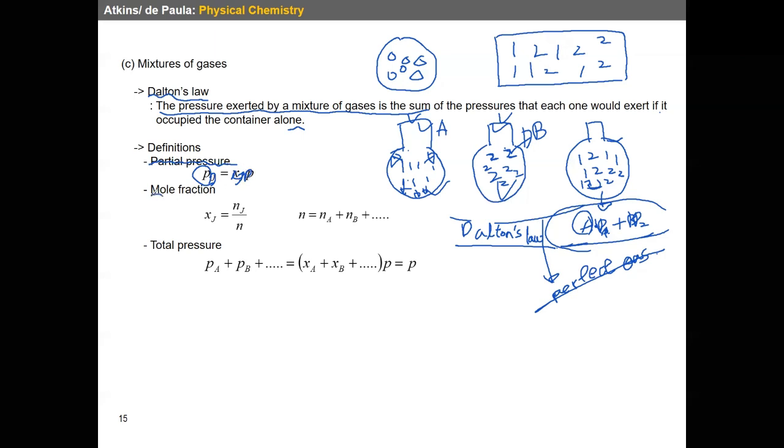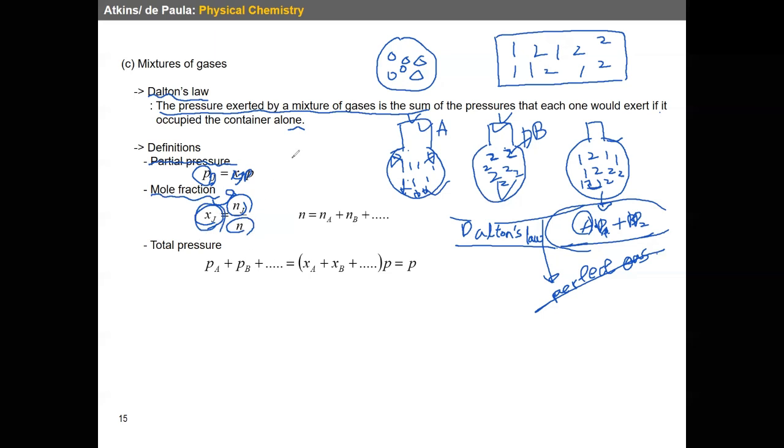So this mole fraction Xj is the number of molecules of gas J over the total number of molecules in this mixture. So then we have Xj.